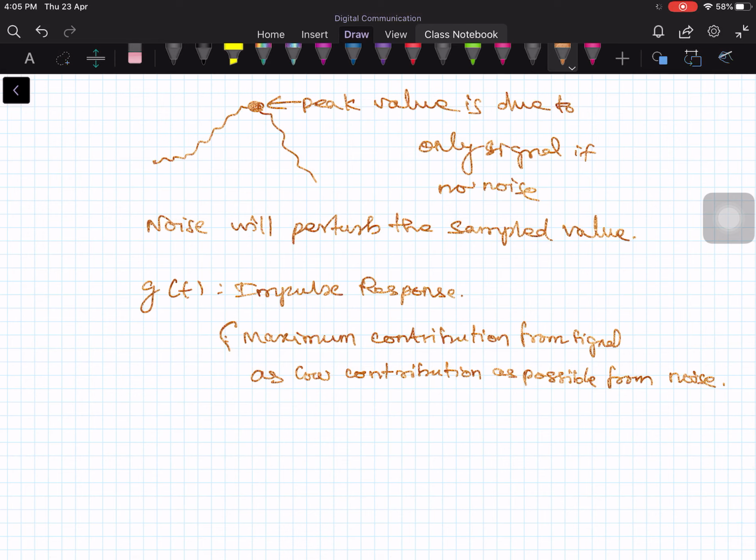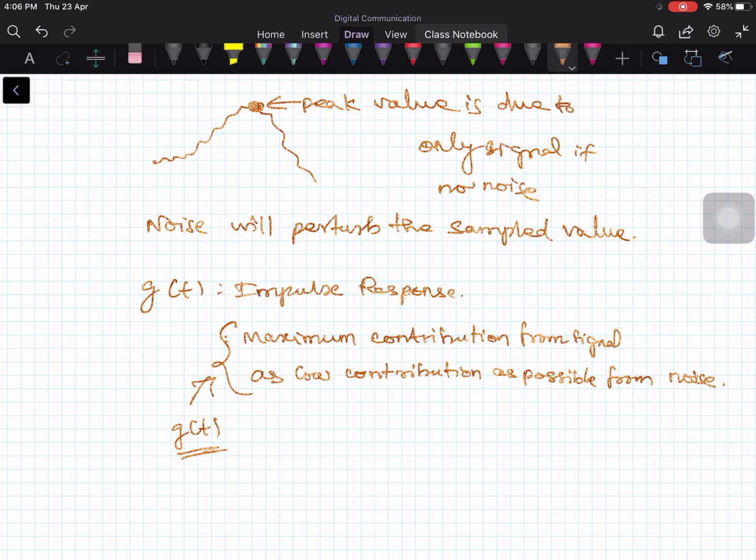Based on these two factors, we are going to define g of t, the impulse response of the filter. If we can maximize the signal contribution to noise contribution ratio, then we will have done a good job and can hope to make a reasonably reliable decision. Therefore, let's look at the nature of the contribution at the output of the filter due to the signal and due to the noise, and that will help us in designing the filter g of t.